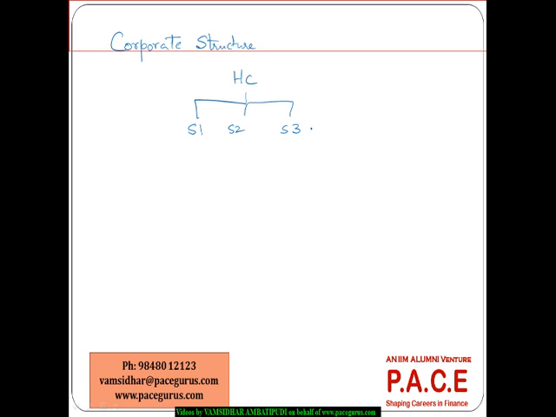Because in general, whenever we have this kind of structure, the subsidiaries pay a portion of the dividend as cash flows to the holding company, so the main earning source of this holding company is the subsidiaries itself. The holding company must be having a debt and equity structure of its own, but the major source of revenue is the different subsidiaries that are getting added up.